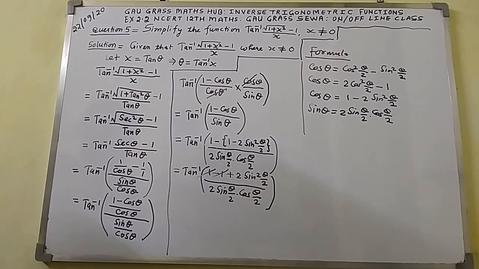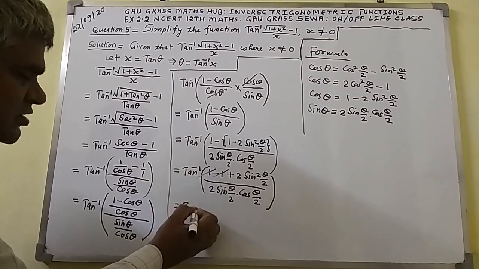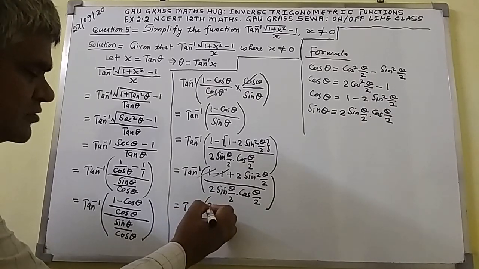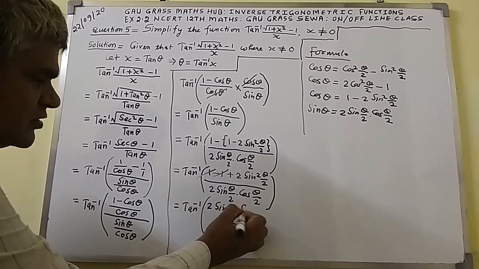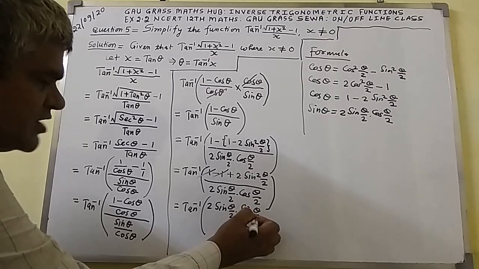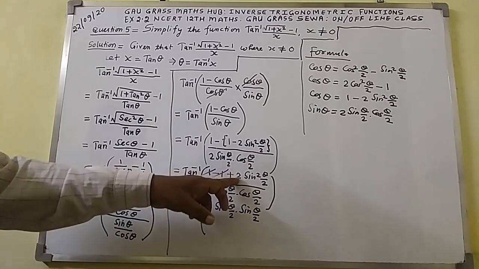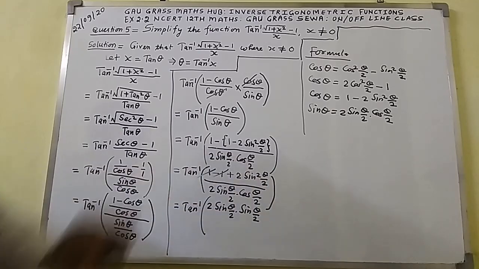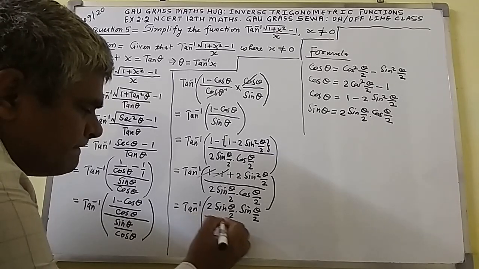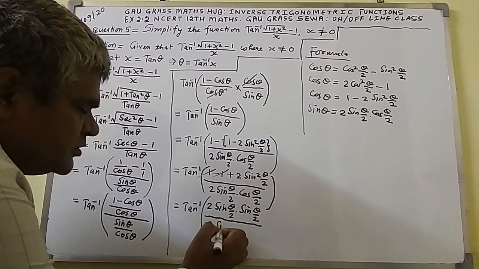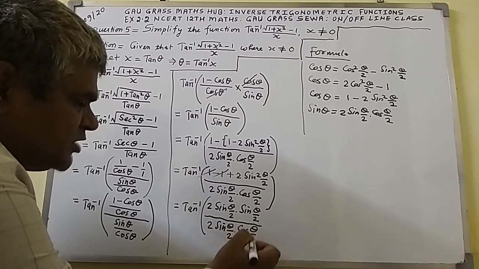So you'll get tan inverse in bracket 2 sin theta by 2 dot sin theta by 2, because sin square theta by 2 can be written as sin theta by 2 dot sin theta by 2, whole over 2 sin theta by 2 dot cos theta by 2.